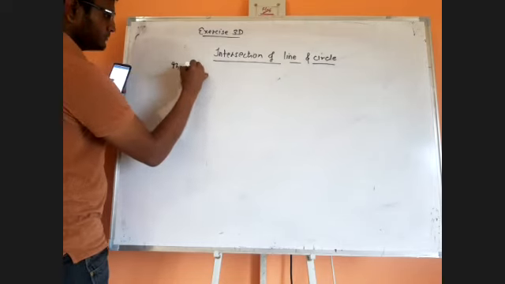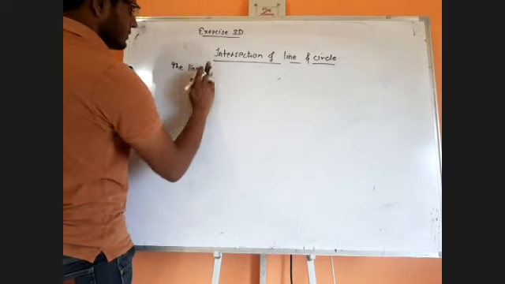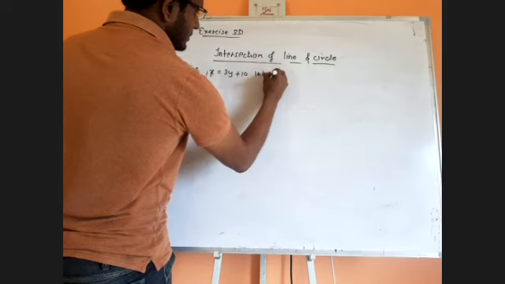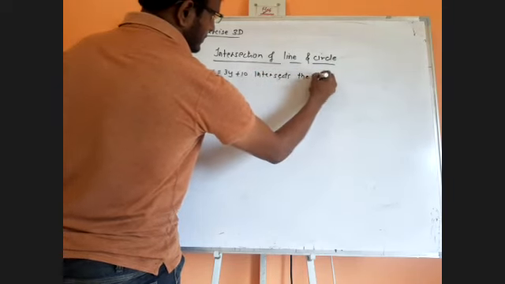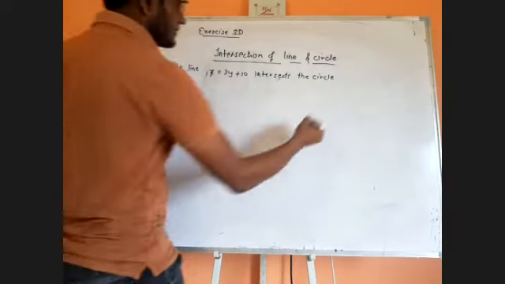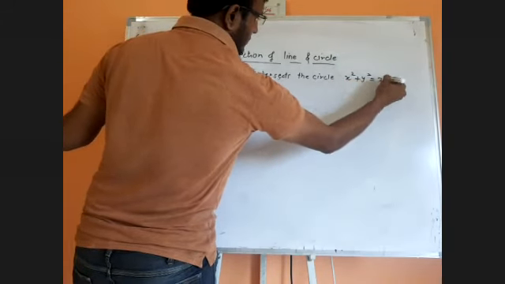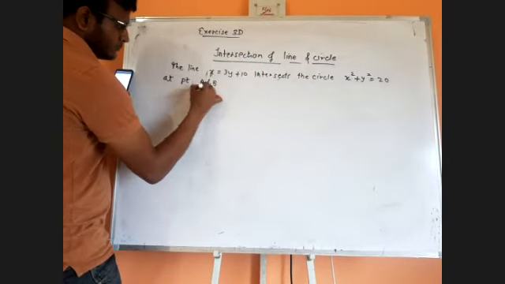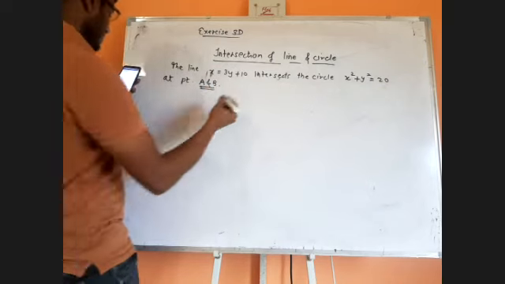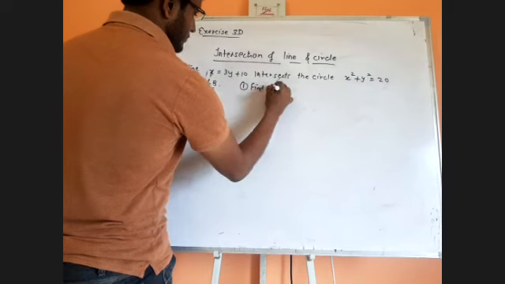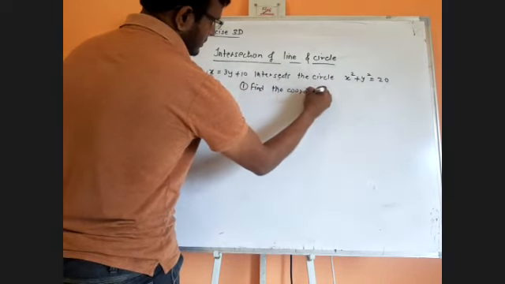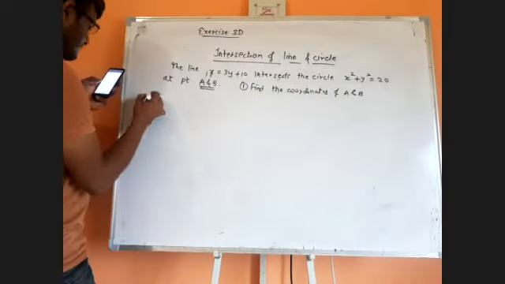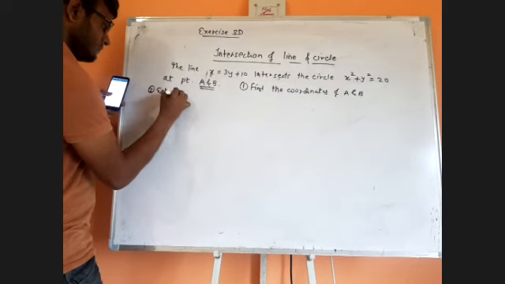The line x is equal to 3y plus 10 intersects the circle x square plus y square is equal to 20 at points A and B. Find the coordinates of A and B. This is the first part, and the second part is the equation of perpendicular bisector of AB.